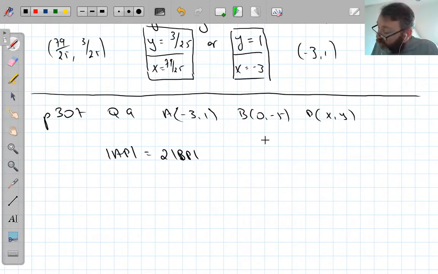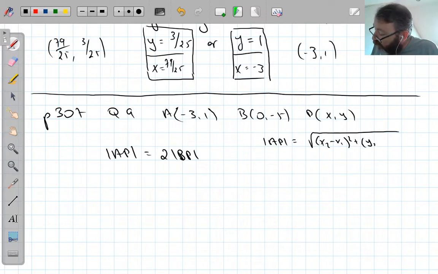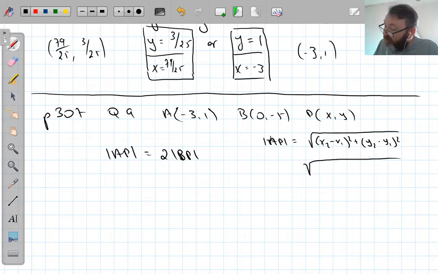So the first thing I'm going to do is I'm going to work out the distance of AP using the distance formula. And the distance formula is x2 minus x1 to be squared plus y2 minus y1 to be squared. So you're just doing what the question tells you to do. And you're using A and P as your points in this formula. So x2 minus x1, that becomes x minus minus 3, which becomes x plus 3 to be squared, plus y2 minus y1 becomes y minus 1 to be squared.